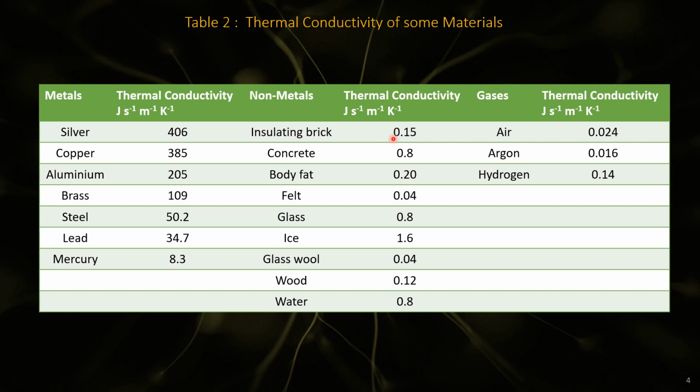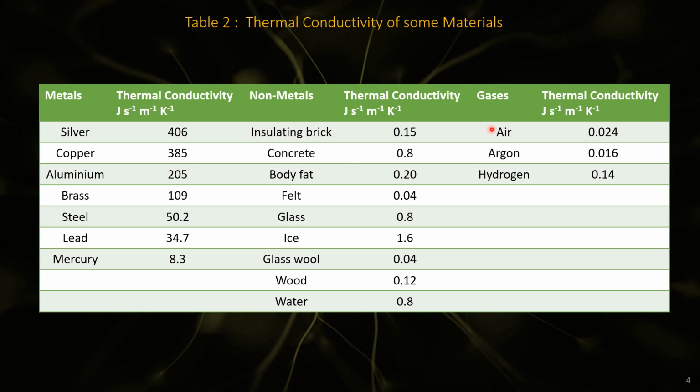You can see these are all fractions. An insulating brick has a thermal conductivity of 0.15 as compared to the thermal conductivity of silver, which is 406. Please note the difference between a metal and non-metal.